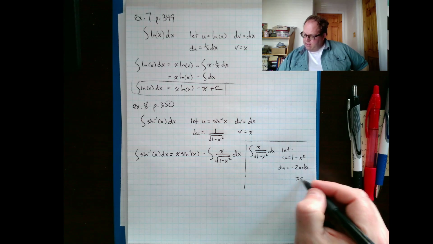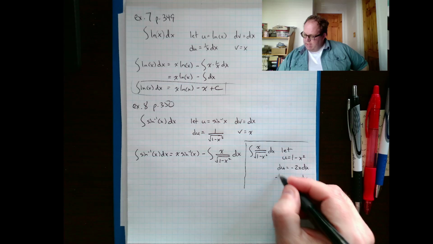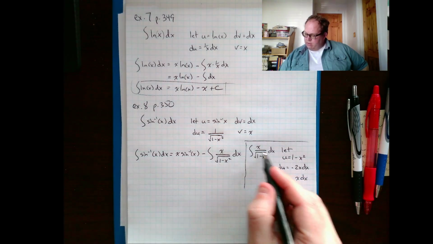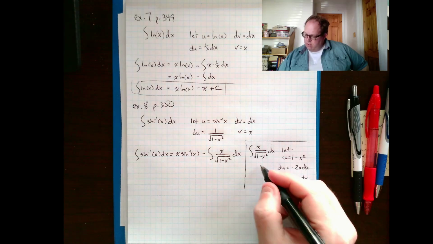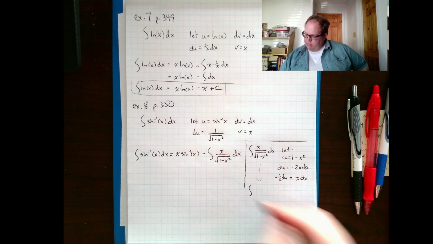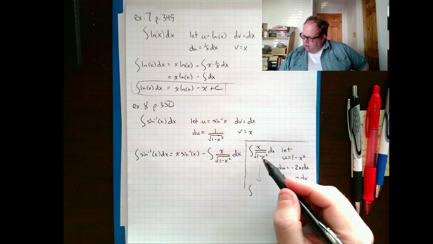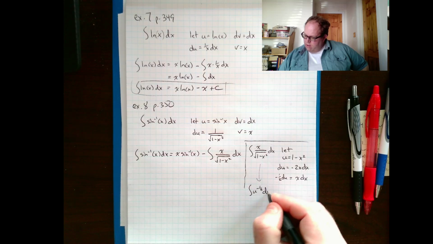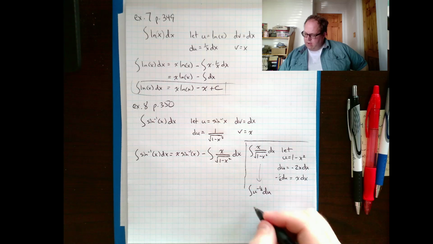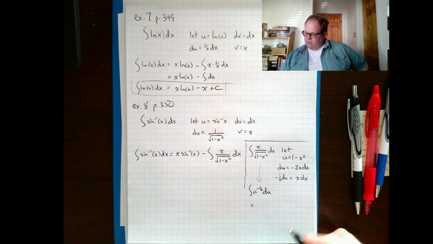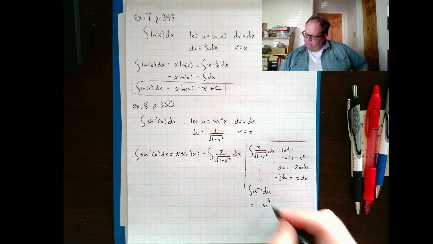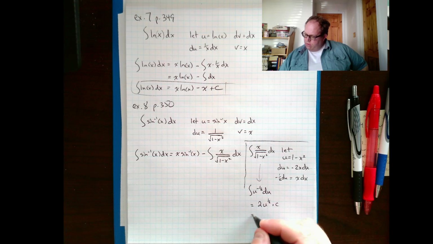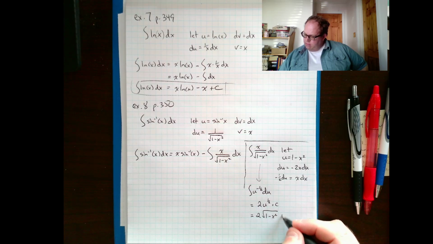Or, if you like, x dx equals negative a half du. And x dx is what I've got right here. So with substitution, all of this inside the square root is u, so this is u to the minus 1 half du. And I've got a much easier way to deal with that as an antiderivative. I should end up with u to the 1 half times 2 plus a constant, or 2 root 1 minus x squared plus a constant.